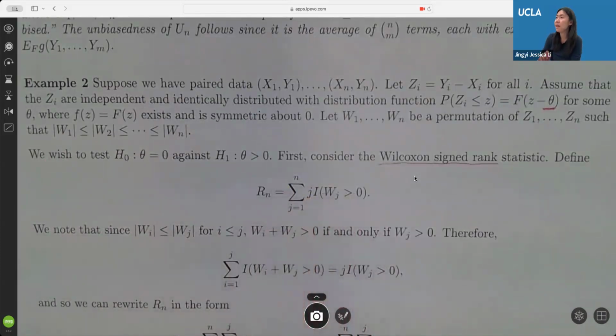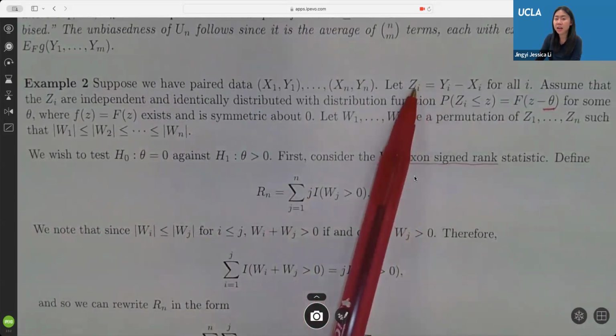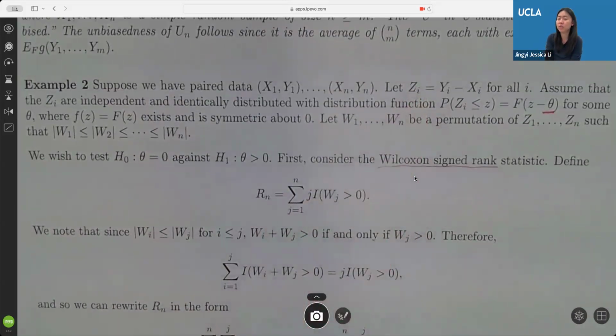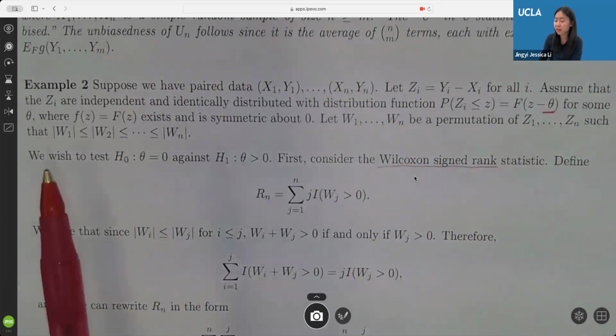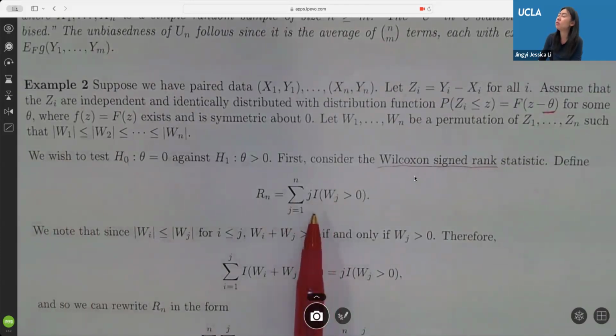So what would you imagine if Zi has a symmetric distribution, or if Zi has mean 0? When Zi has a symmetric distribution about 0, what would you expect to happen to the sum?